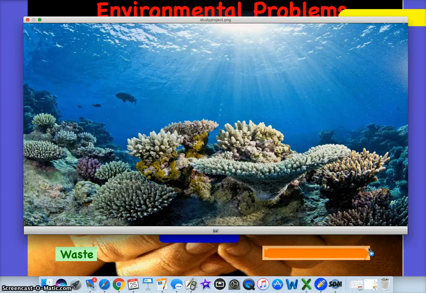What's this? This is always a hard one. Coral reef. What do you see there? It's dead. In a coral reef, you would see a lot of organisms and a lot of variety of organisms. Anybody know what that word is? Well, it would form one. A coral reef is part of an ecosystem.